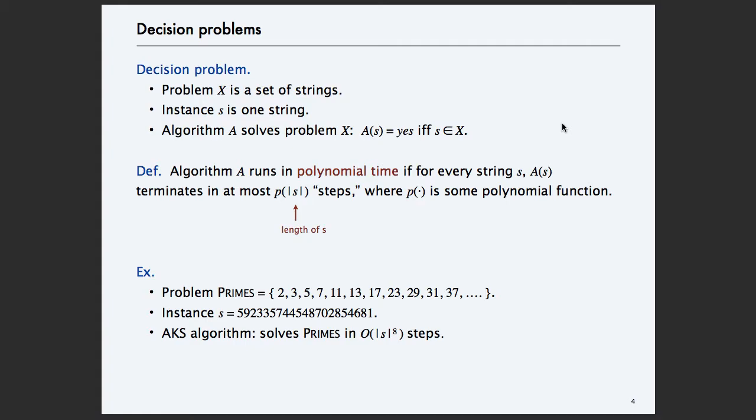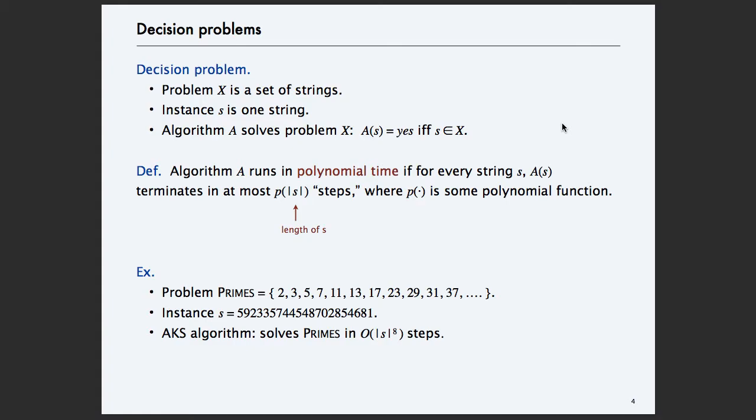So we define a problem as the answers. An instance of a problem is one string, and the algorithm A solves the problem if, when you run it on the string, you get yes if the string is in the problem. So we are defining the problem as a set of strings.